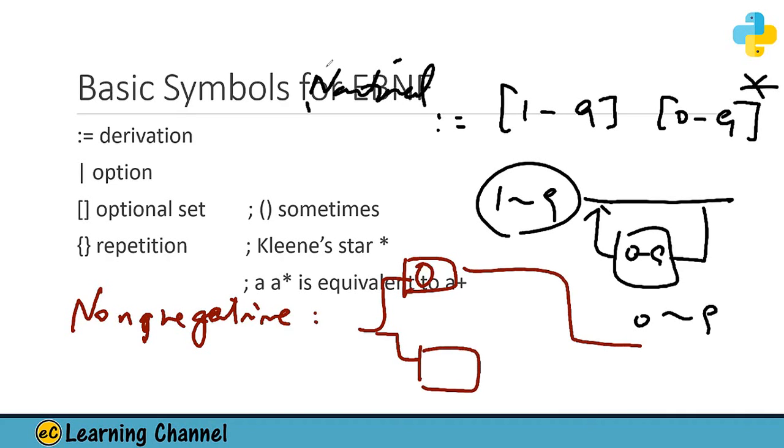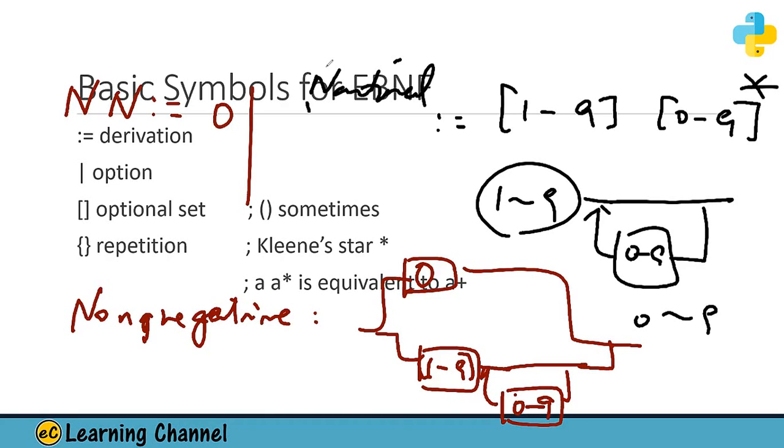And then here you may have 1 to 9, followed by 0 to 9, and go back here, and merge here. So basically a non-negative integer is defined as 0 or 1 to 9 followed by 0 to 9 for 0 to infinity times. Is that okay? That's a natural number. Any questions so far up to here?